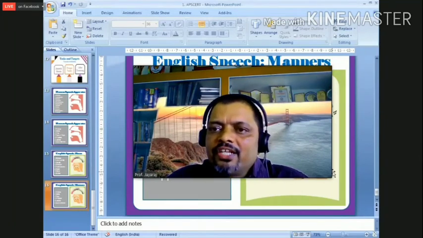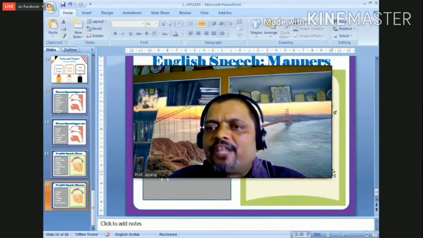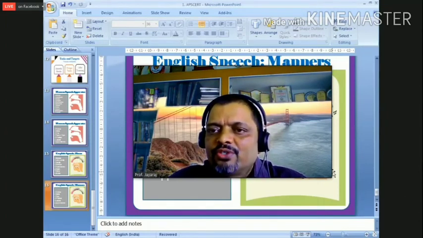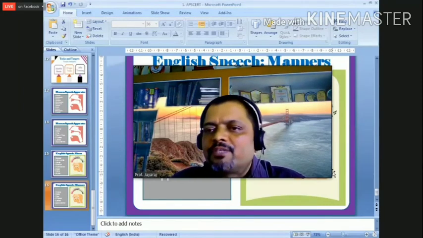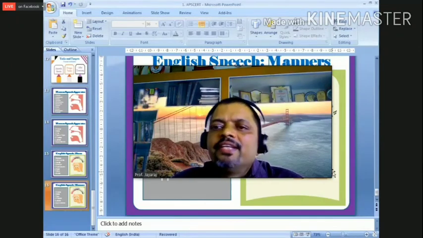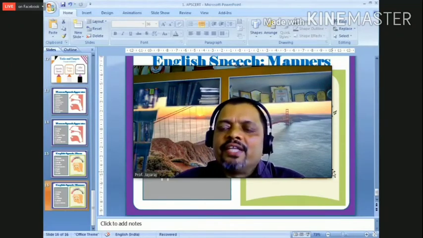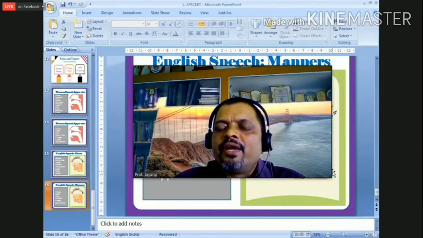People call it Indian English, but within India there are n number of different varieties of English. If you go to Kashmir, the English spoken is different from the English spoken in Kerala, and similarly, the English spoken by Tamilians is different from the English spoken by Marathis.